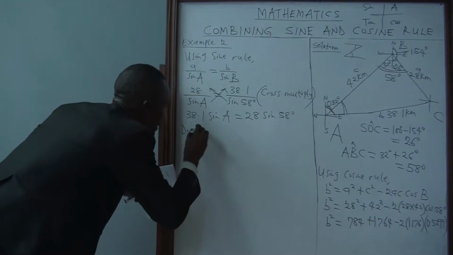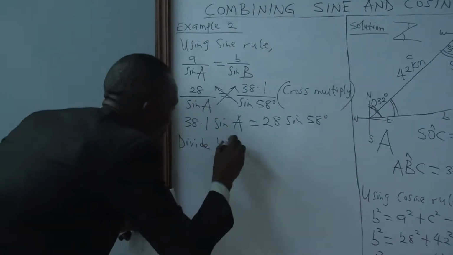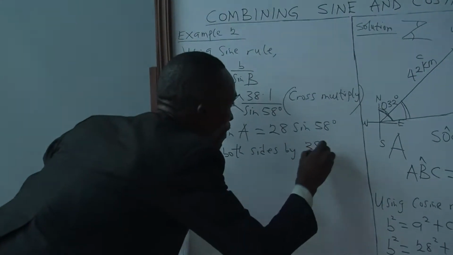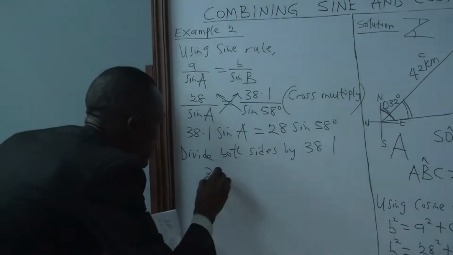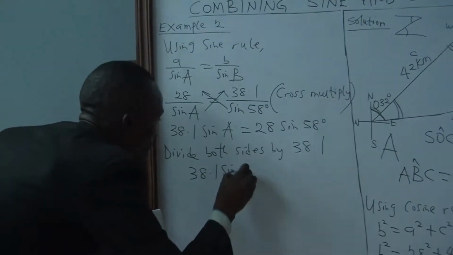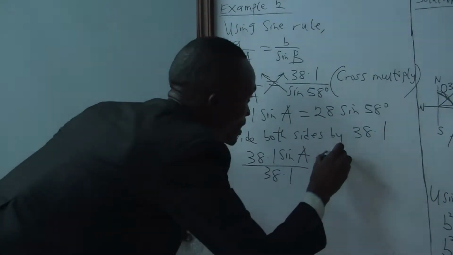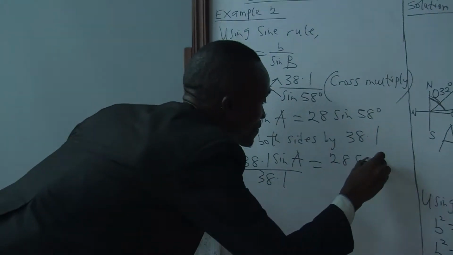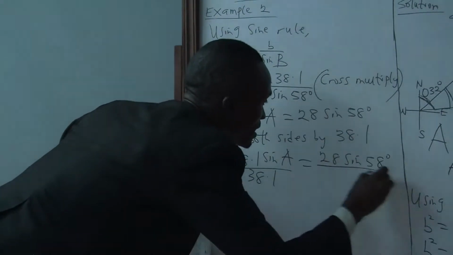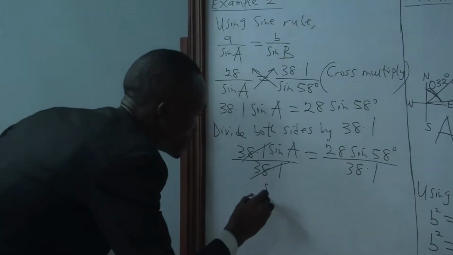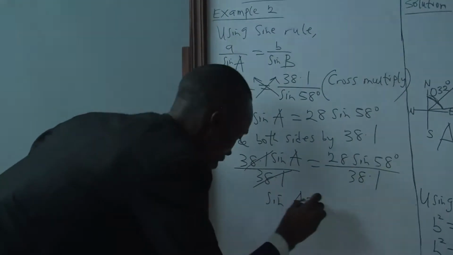So what we do there is we divide both sides by 38.1. So we have 38.1 sine A divided by 38.1 is equal to 28 sine 58 degrees divided by 38.1. So this will cancel this, and what we have there is sine A.